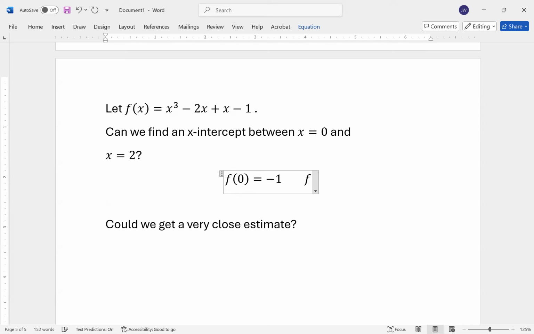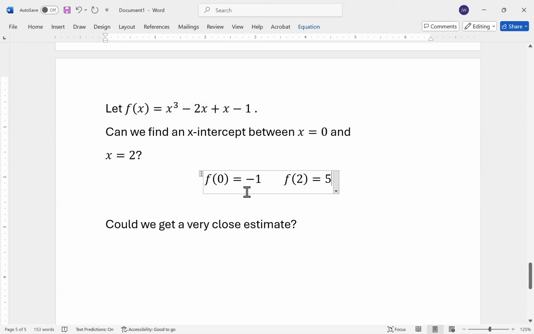And then I would plug in 2 into the function. 2 to the third power minus 2 times 2 plus 2 minus 1 gives me a value of 5. Again, I am getting that by just plugging that 2 into my polynomial function.